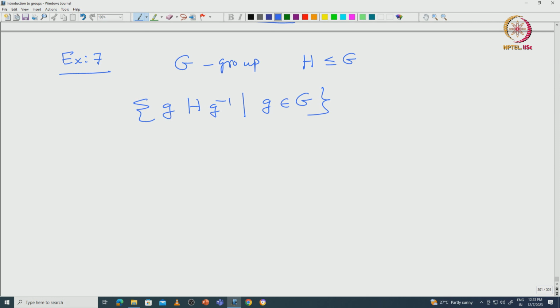So this I want to take as my set X, and then I want to define the action of G on this X via just conjugation again.